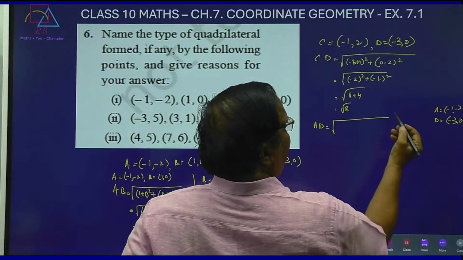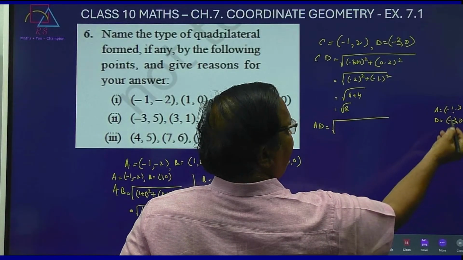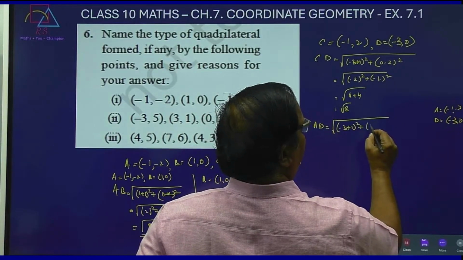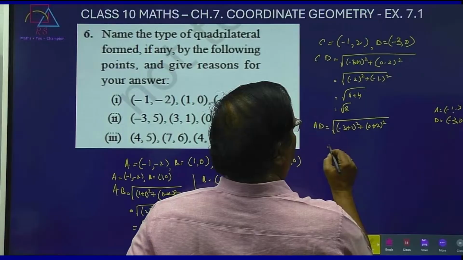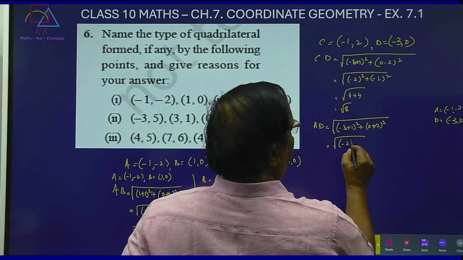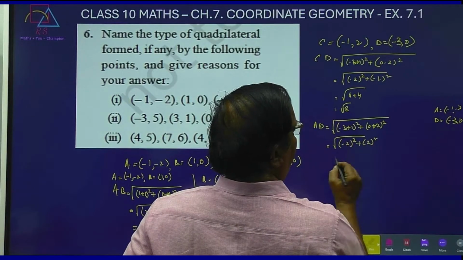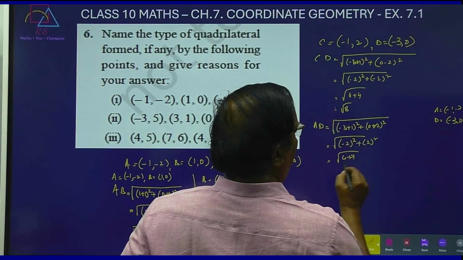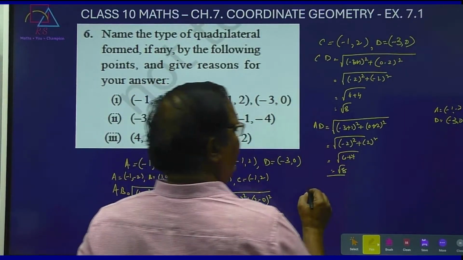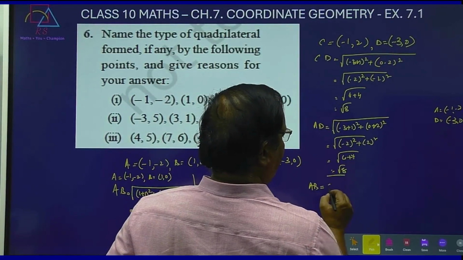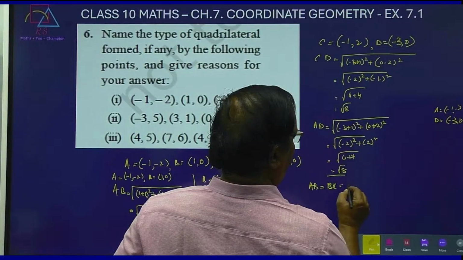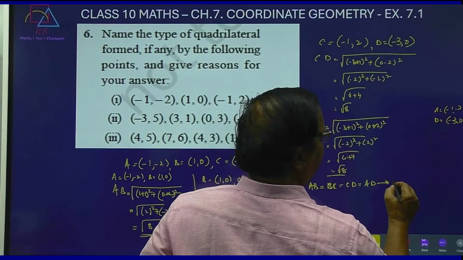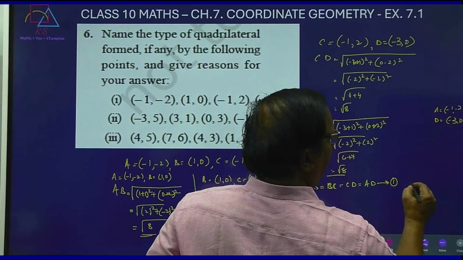So square root of minus 3 minus 1, so minus 3 plus 1 whole square, 0 minus minus 2, 0 plus 2 whole square, which is equal to minus 2 whole square and 2 whole square, 4 plus 4, which is equal to 8. All four sides are equal. That means AB is equal to BC is equal to CD is equal to AD. That means it may be a rhombus.